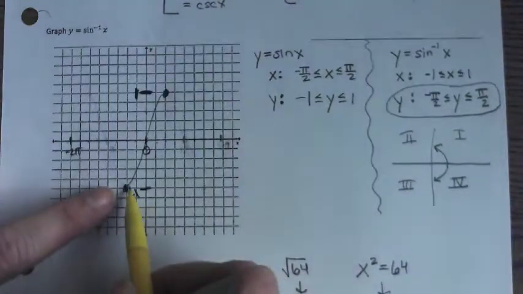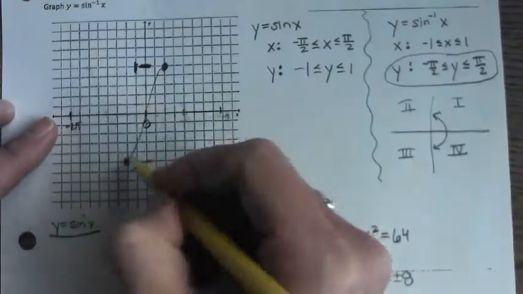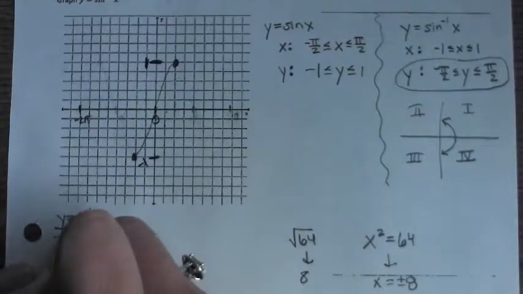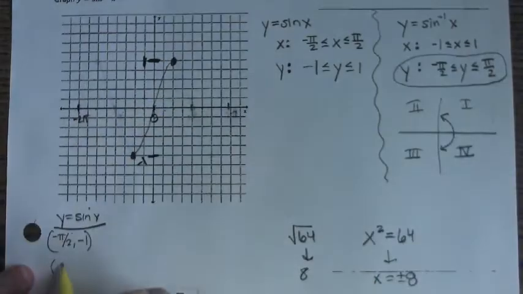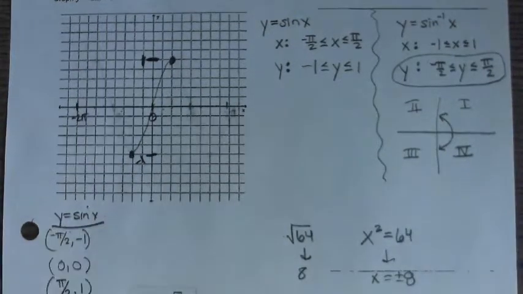So let's just list the critical points in this stretch of the sine curve. We have, you already said, negative pi over 2, negative 1, 0, 0, and positive pi over 2, 1. Is that fair?